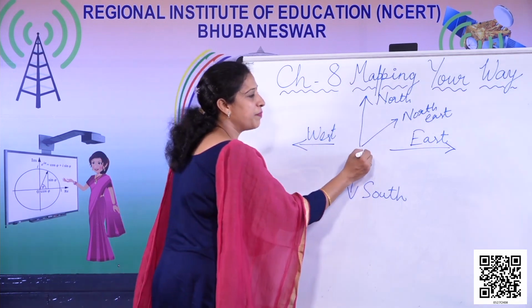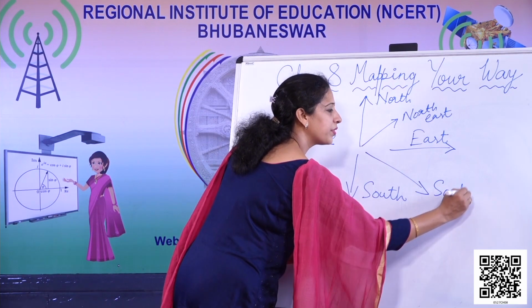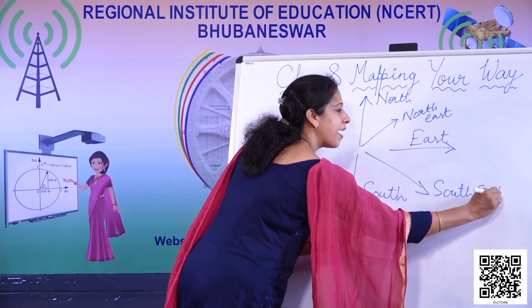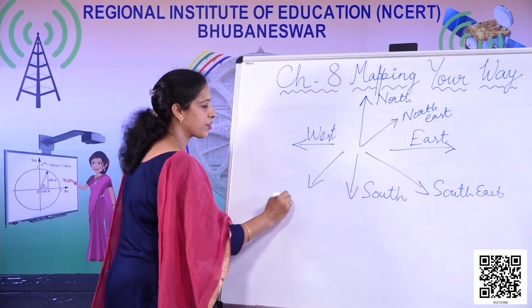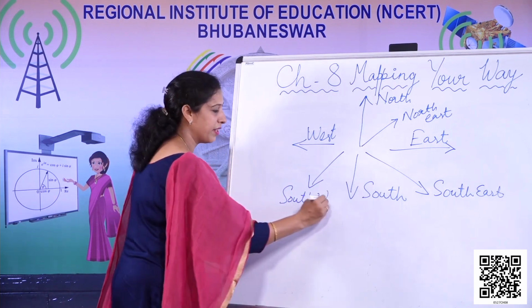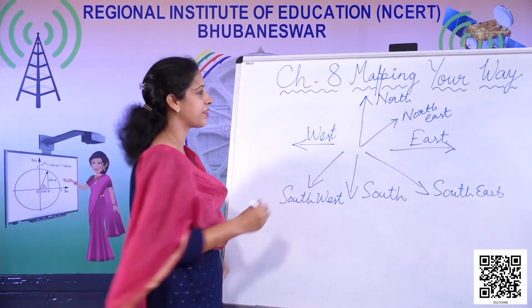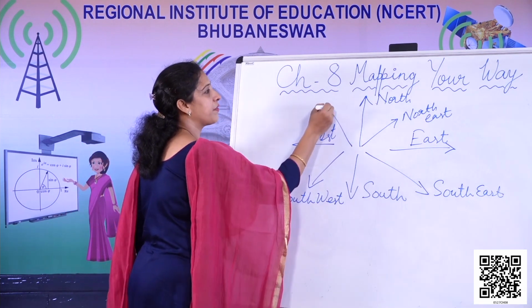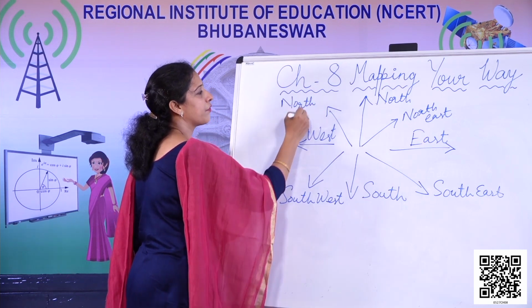The direction between south and east is called southeast. The direction between south and west is called southwest. It is so simple. Just by knowing your hand direction, you know all the directions. And the direction between north and west is called northwest.